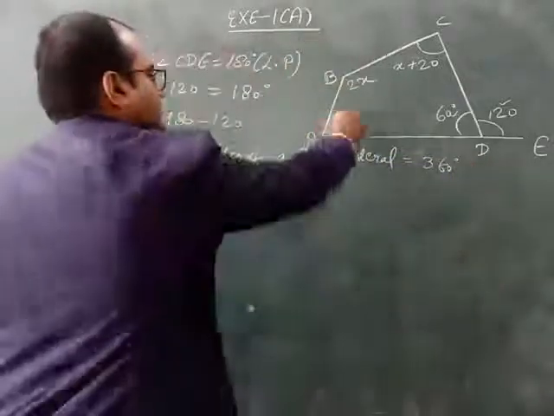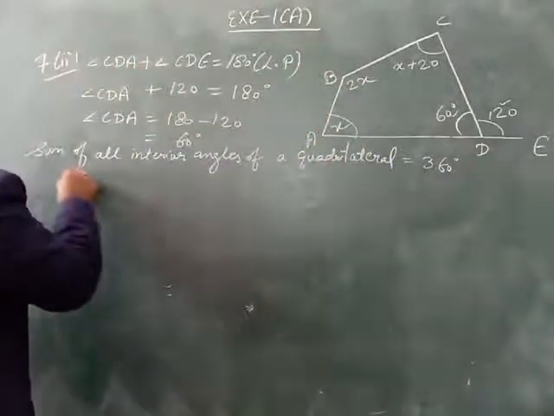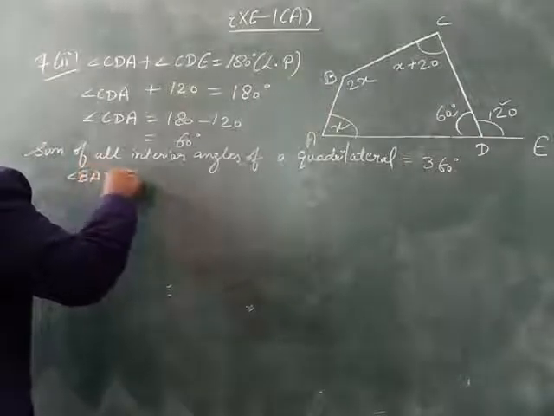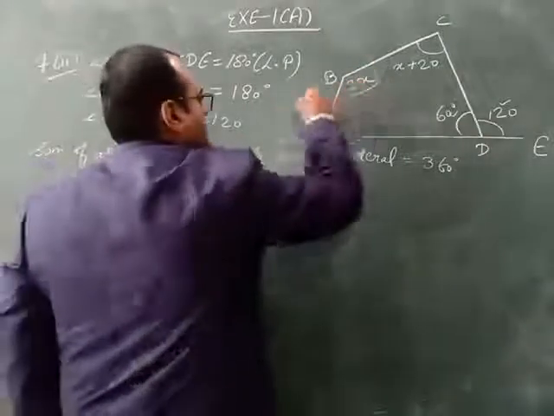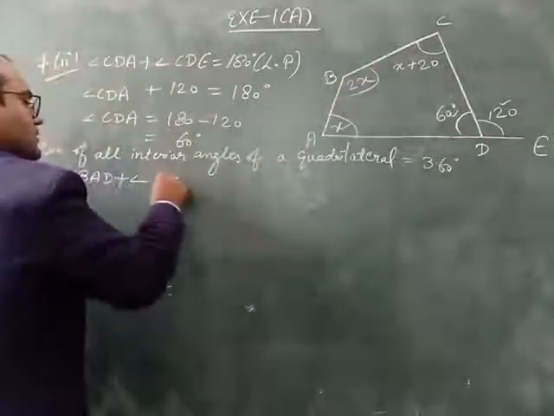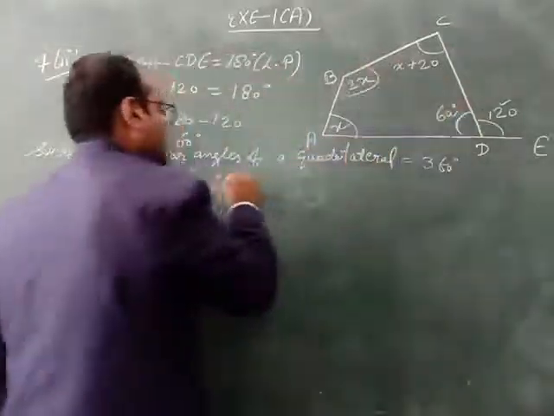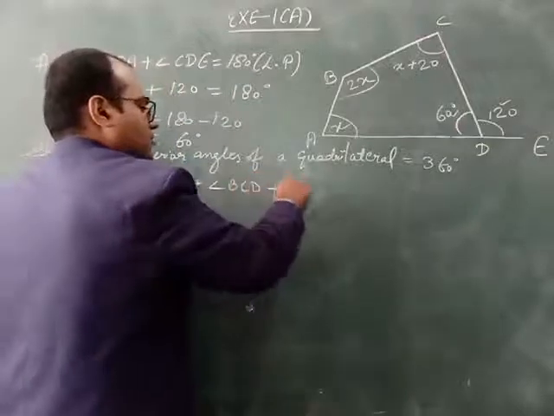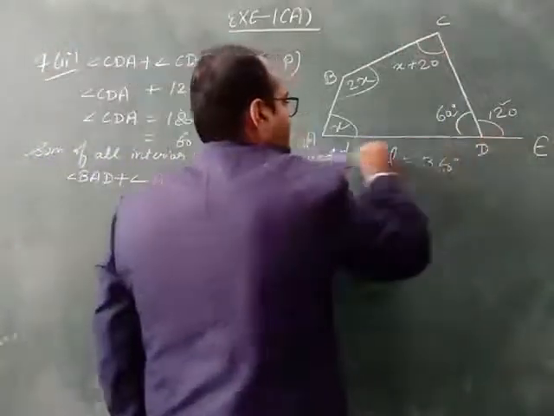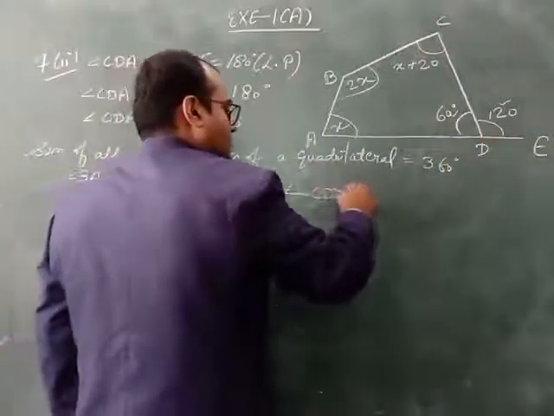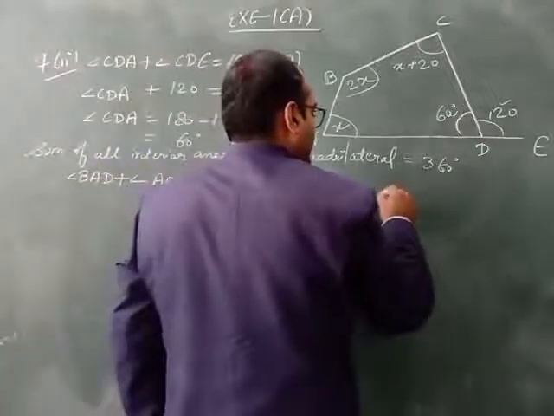First one is angle DAB plus second one ABC plus third one BCD plus fourth one CDA is equal to 360.